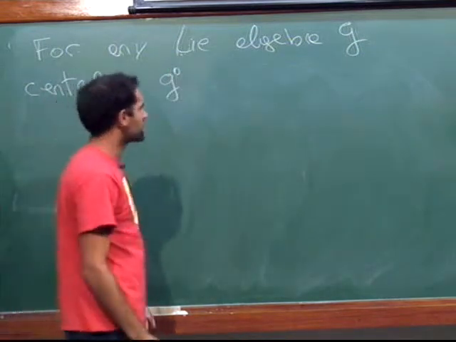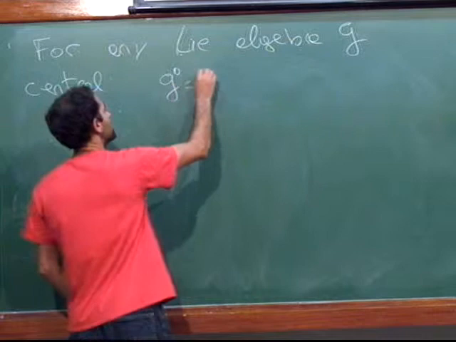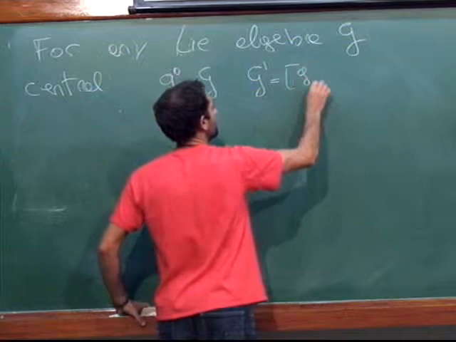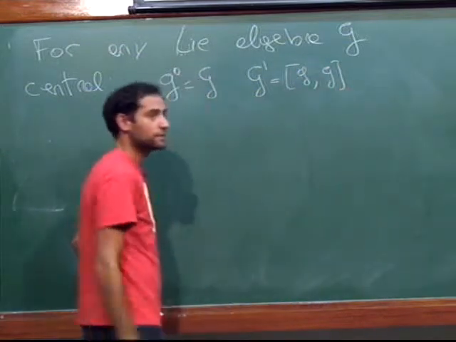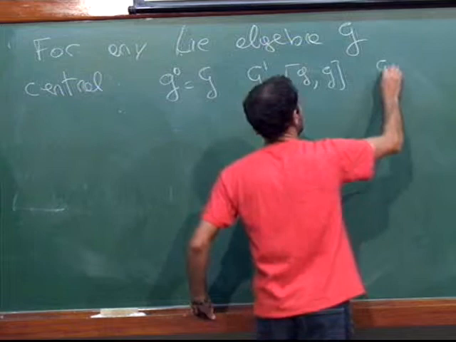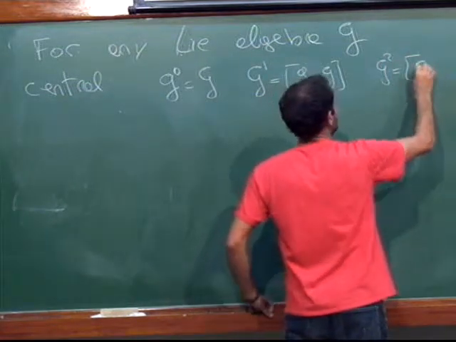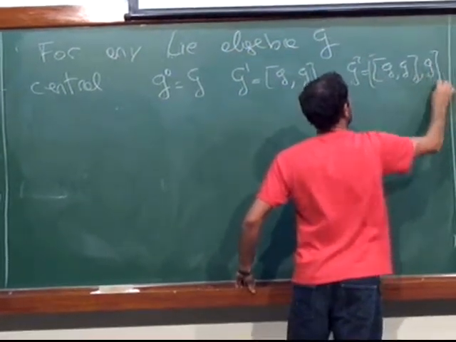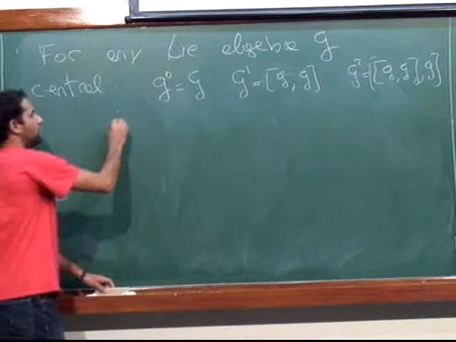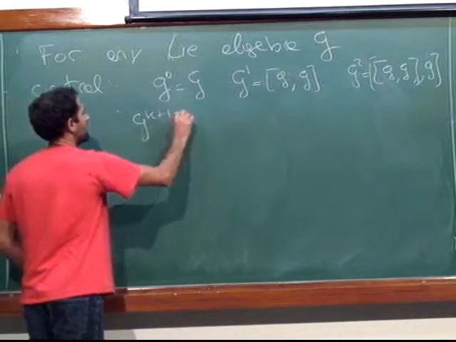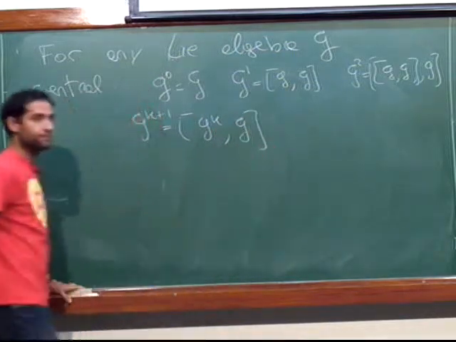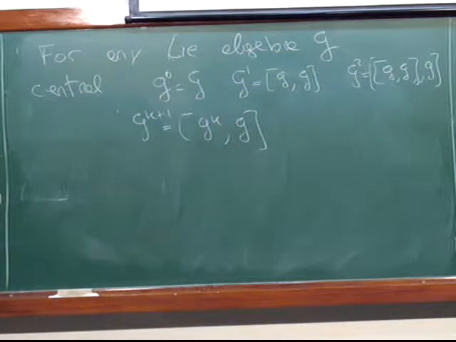I never remember if it starts with a 1 or with a 0, but let's say that G1 is equal to G. And let's say G2 is equal to G bracket with G, and so forth. So G(k+1) is equal to the space G(k) bracket with G. So this is an inductive sequence.